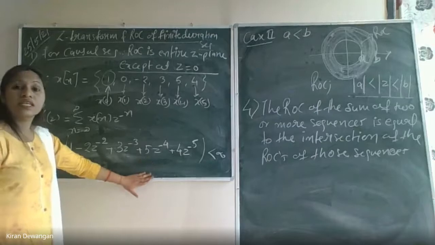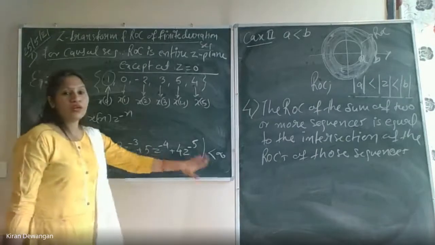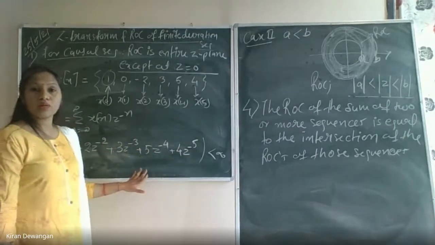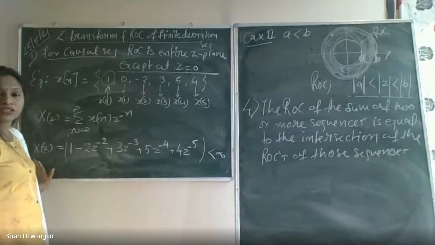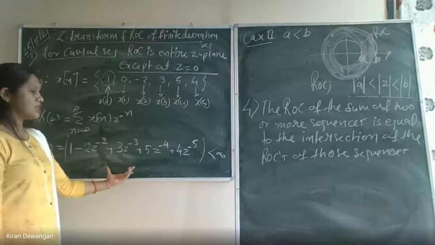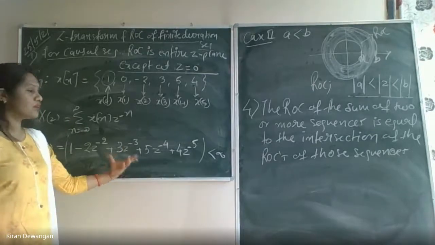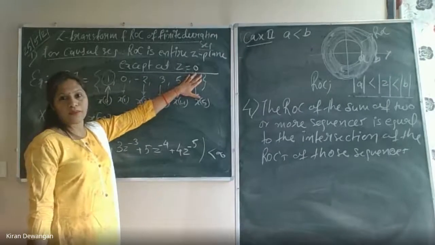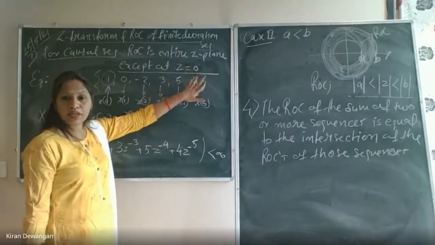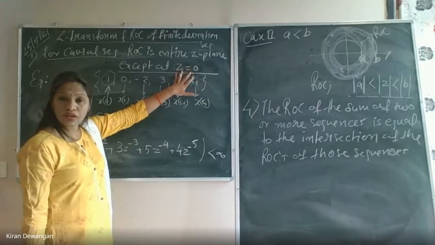And if it is z equals to 0, this value will be infinite. X of z will be completely an infinite value, and hence x of z will not converge. For x of z to converge, this has to be a finite value, z equals to 0 नहीं होना चाहिए. Clear now? So that is what it means. Z equals to 0 should not be the condition.